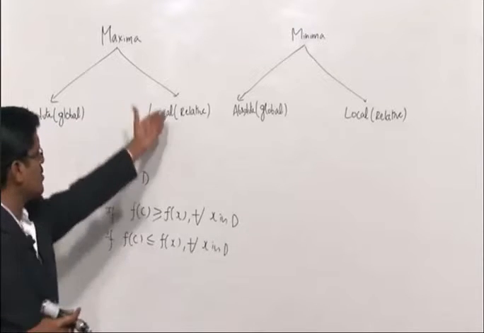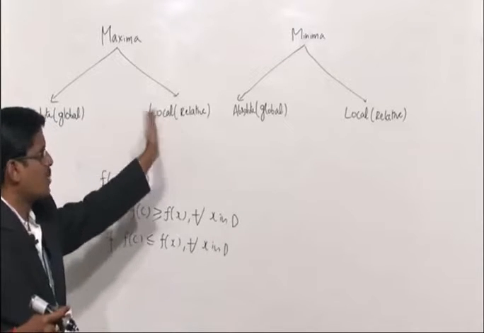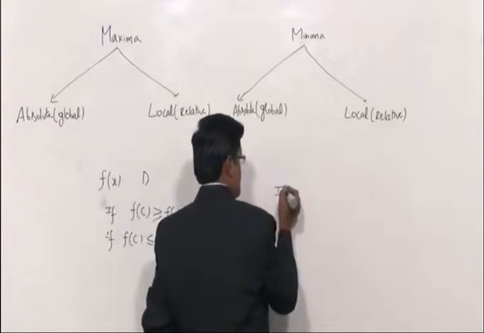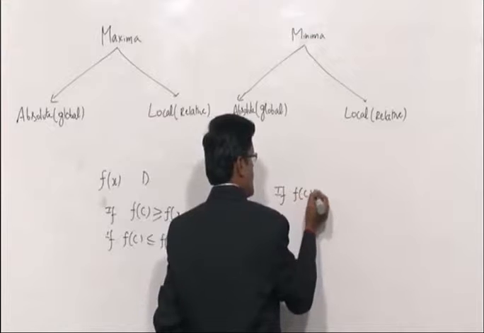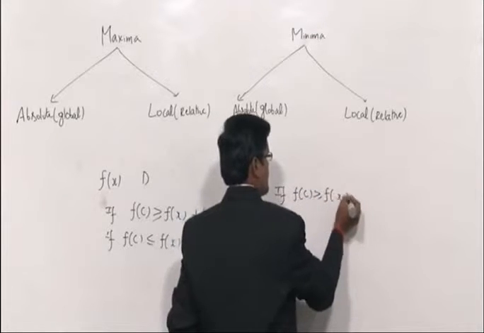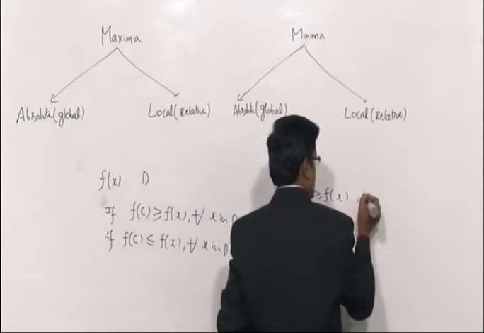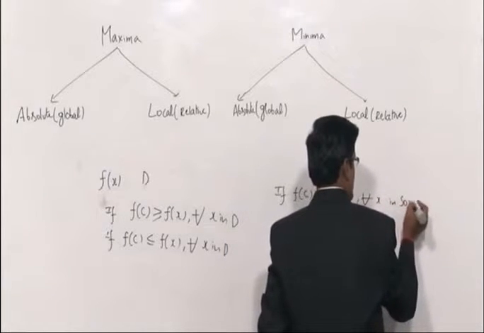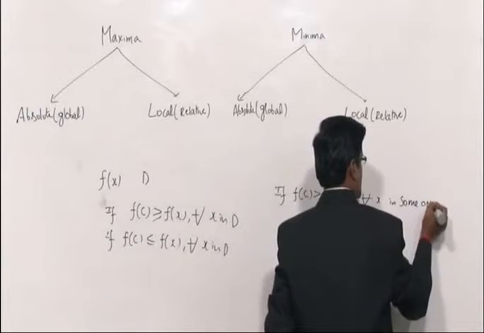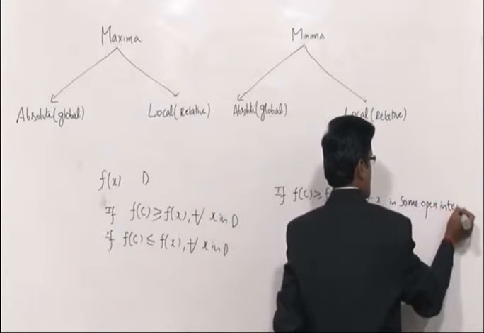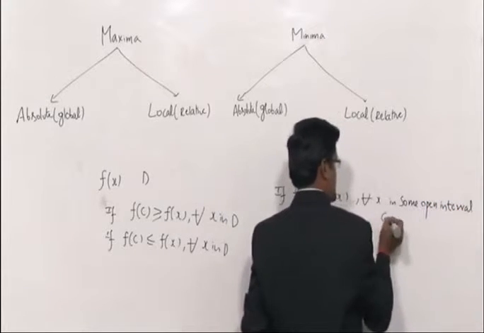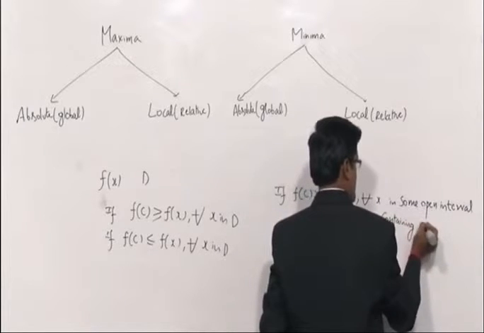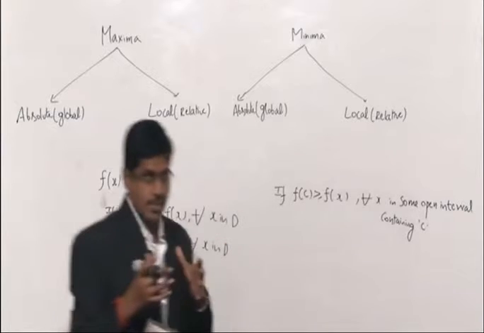Okay, then I will give you how to find local, that is relative maximum and minimum also. Now if f of c is greater than or equal to f of x for all x in some open interval containing c. You know the meaning of open interval.